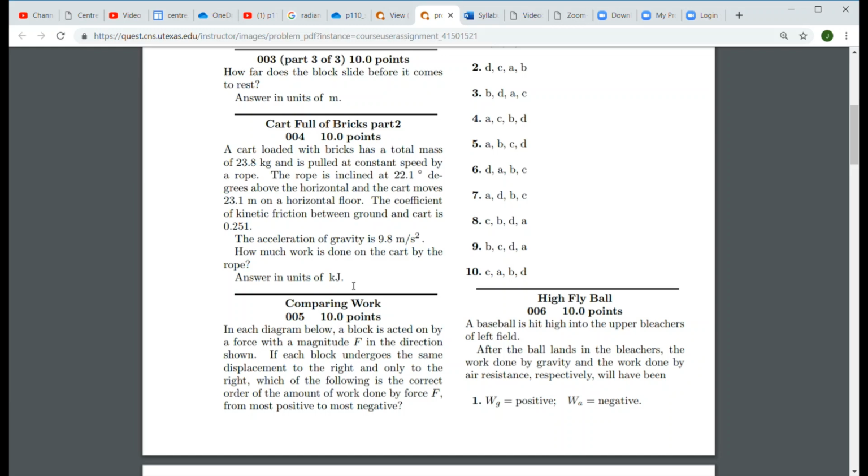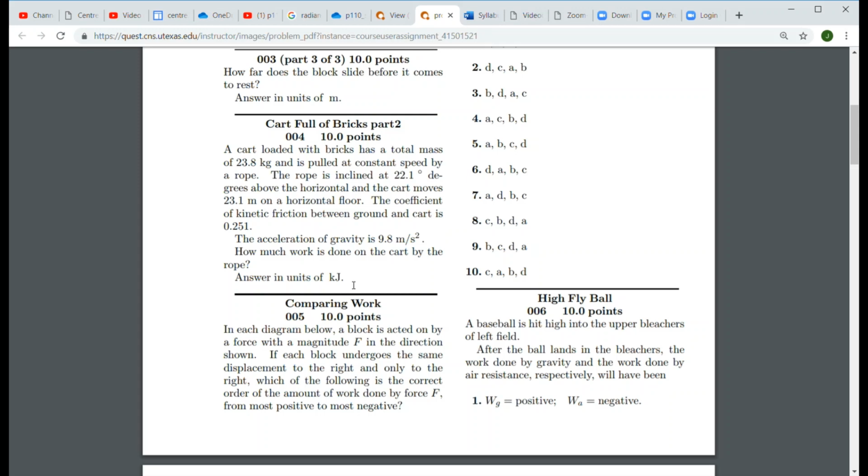Now, problem 4: a cart loaded with bricks has a total mass of so many kilograms and is pulled at a constant speed by a rope. The constant speed is probably important here. The rope is inclined at 22.1 degrees above the horizontal, so we're sliding something on the horizontal floor, but pulling with a rope that's inclined to the horizontal.